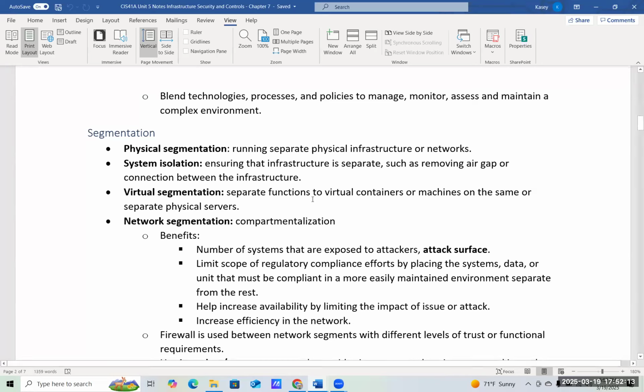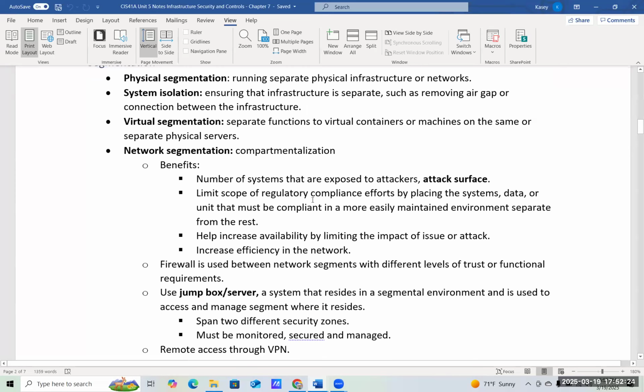So you can virtualize the segment, right? You can also set up VLANs to segregate the network. So here are some of the benefits, and we want to place the firewall between the network segments. This might sound overkill, but the whole point in separating the network is to make sure that we have perimeter blockage or control, right?